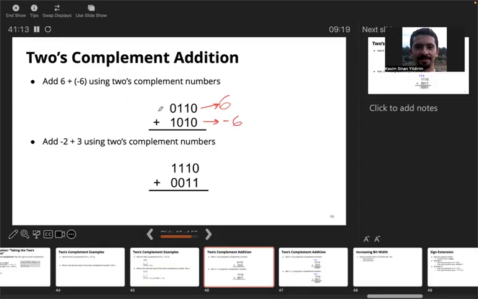So let's add them. 0 plus 0, 0. 1 plus 1, 0, I have 1 carry here. 1 plus 1, 0, I have a carry here. 1 plus 1, 0, and I have a carry which is propagated, but I will discard it.